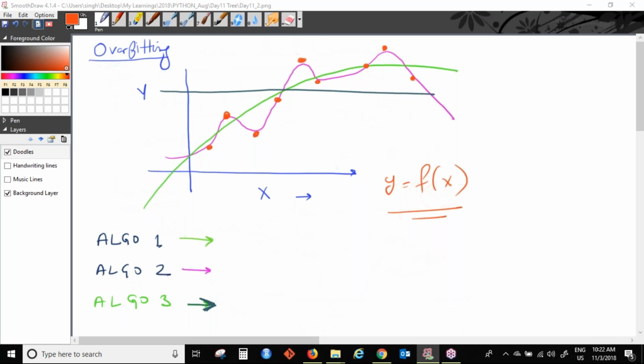Anybody who has a different answer, who thinks Algo 2 is not the best? Anybody? Okay. Algo 2 since error is minimum. Fair point. Anybody who thinks Algo 2 is not the best one?